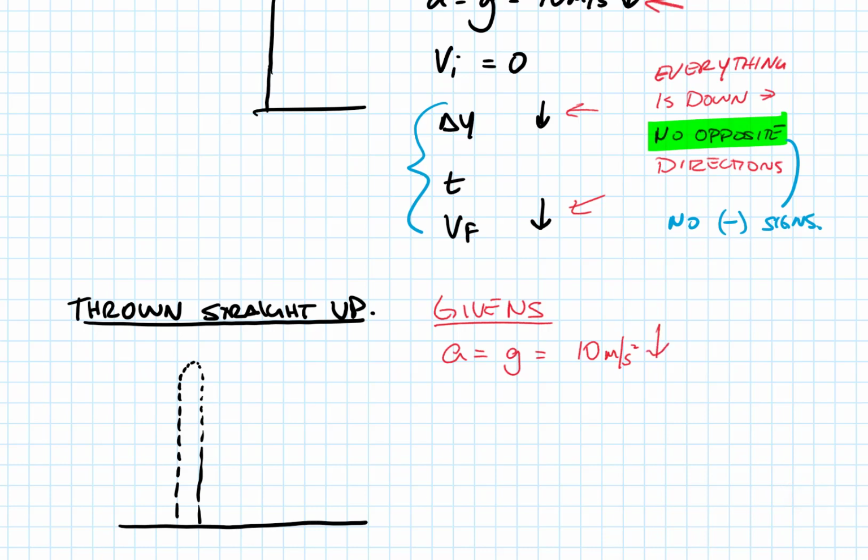We know that right away. That's one given that we have. But that's the only one that is, I guess, true at all points for an object that's thrown straight up. When we look at it, the initial velocity is up.